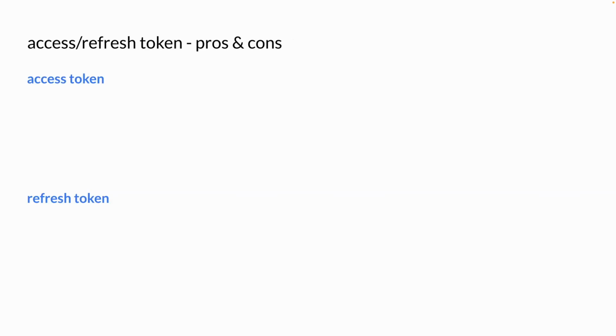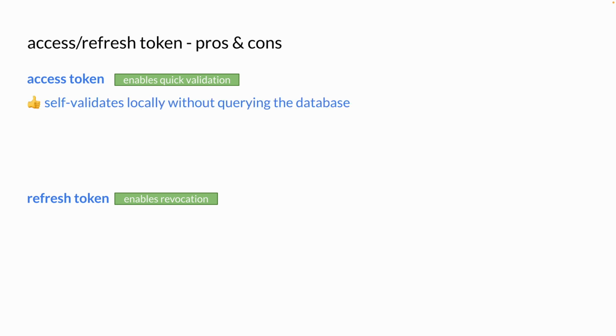So we don't want to use either the access token or the refresh token alone, but instead use a combination of the two because each has its pros and cons. In simple terms, access token enables quick validation, while the refresh token allows us to revoke the token in case our token gets exposed. An access token enables quick validation because we self-validate locally in the code without querying the database.